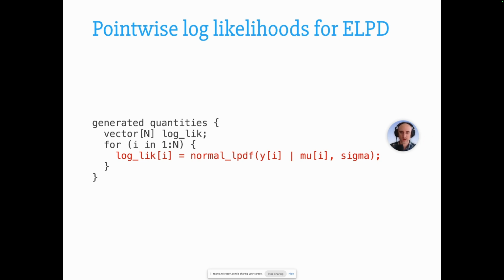That is part of my model. And again, here I'm looping over it, storing it in a vector that I call log_lik. As we'll see, that's a special name that is assumed by the loo package for doing calculations with these log likelihoods for model comparison. And we'll talk about that later.